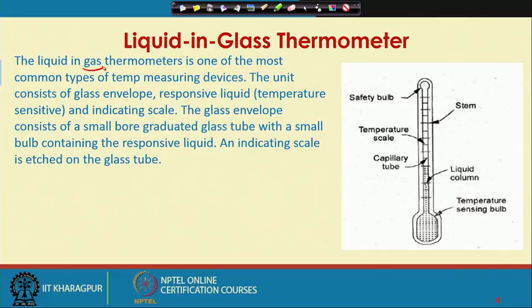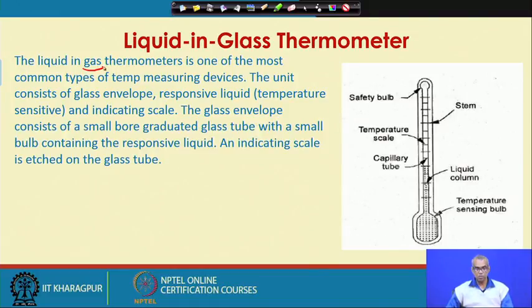The unit consists of a glass envelope, a responsive liquid known as temperature sensitive liquid, and an indicating scale. The glass envelope consists of a small bore graduated glass tube with a small bulb containing the responsive liquid. An indicating scale is etched on the glass tube.